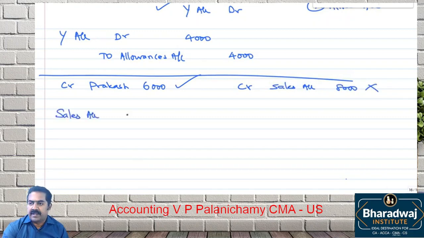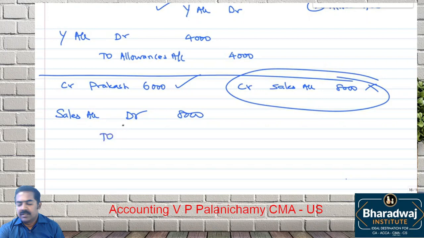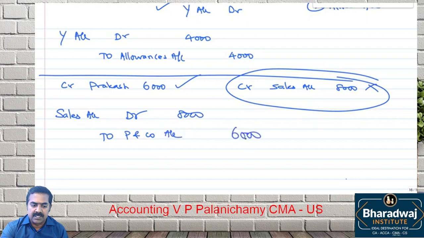Credit has been given in the sales account for sales. How to remove this? Debit sales 8000 to Prakash account. How much should we credit Prakash account? 6000. To Prakash account 6000. The balance will go to which account? Suspense account 2000.